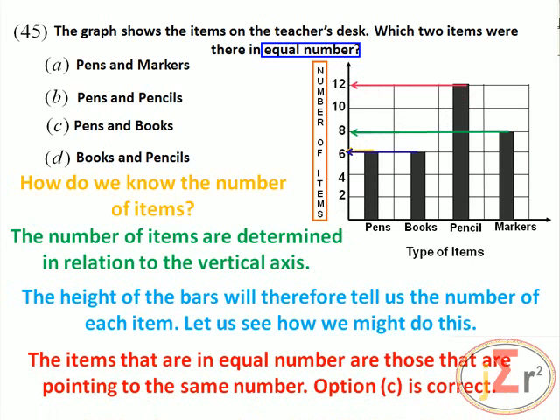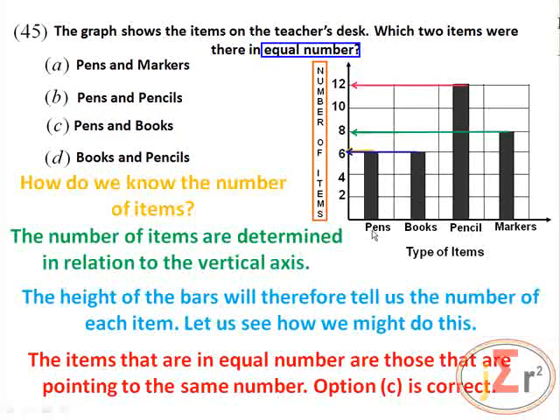The items that are in equal number are those that are pointing to the same number. So for the items to be there in the same number, they must be pointing to the same number.